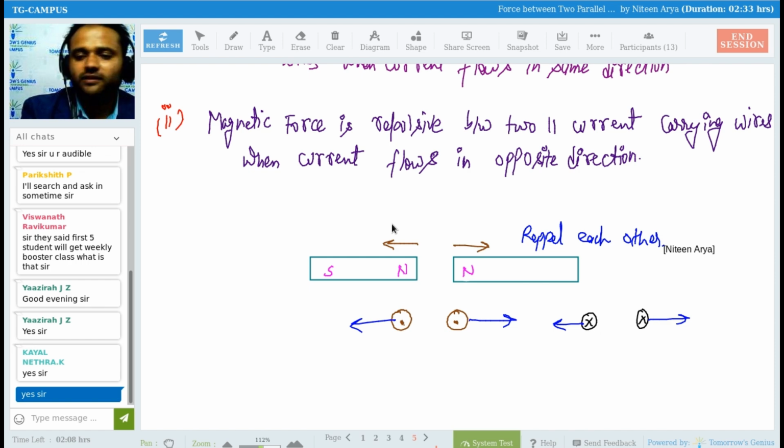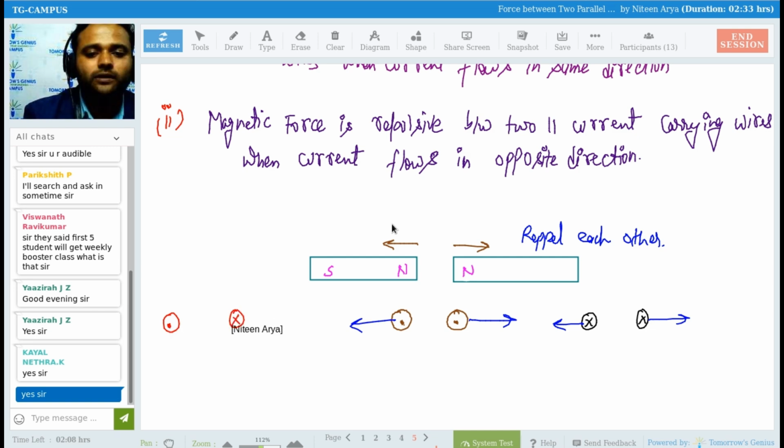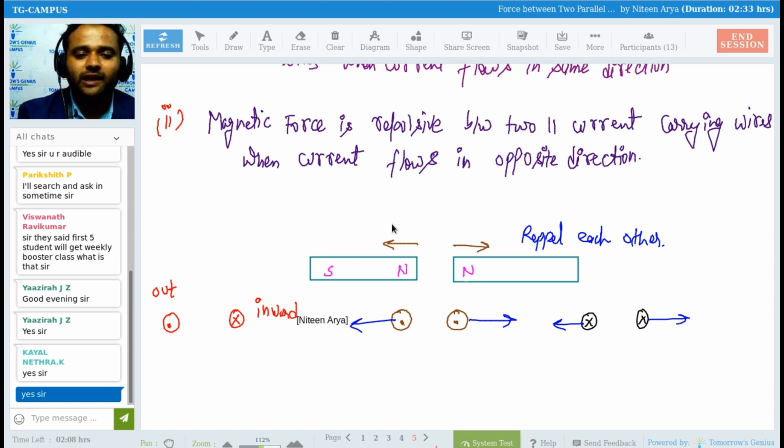Clear? But if this situation is changed, the magnetic field due to wire 1 is going to be outward, and the magnetic field due to wire 2 is going to be inward. This is your outward, this is your inward. Now the pole is going to change. Inward we treat as a north pole, outward we treat as a south pole. Why so?